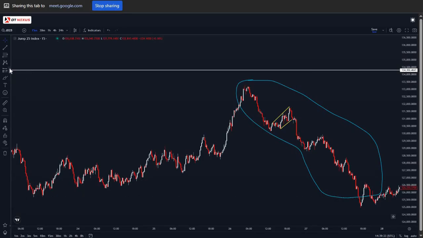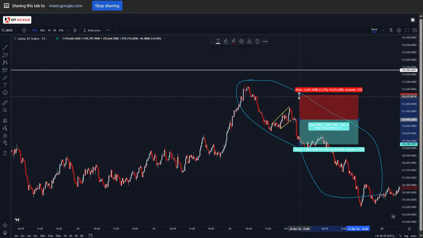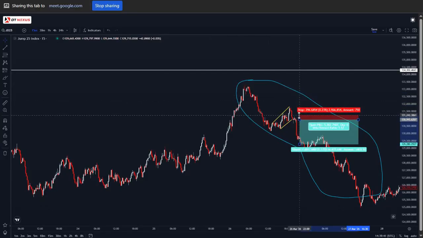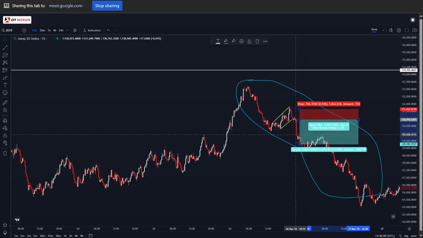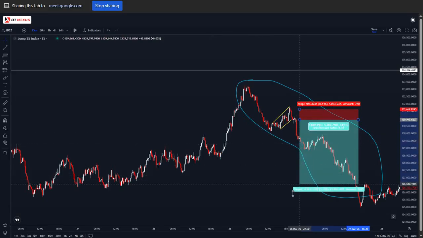Come on, just see how much we would be up if we were going short from here. Let's say 0.23%, or let's make it, at least not even 1%, but let's risk 0.5%. That's 0.5%, and then we take it down until here.